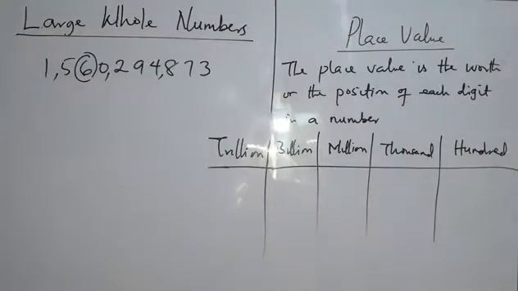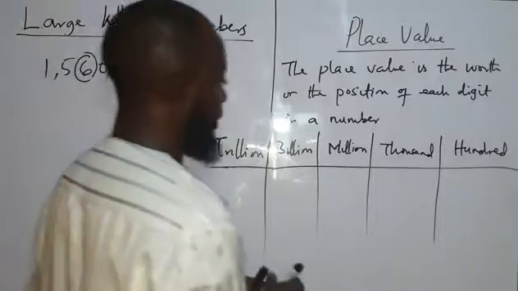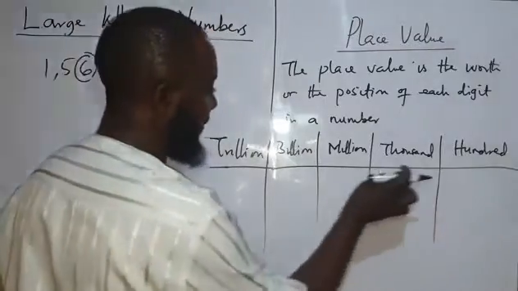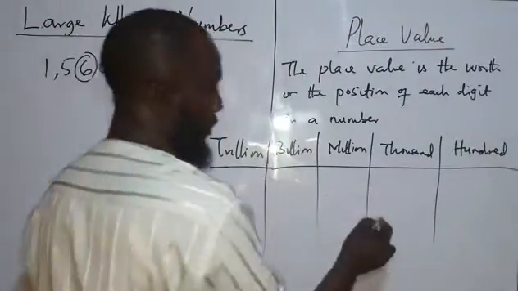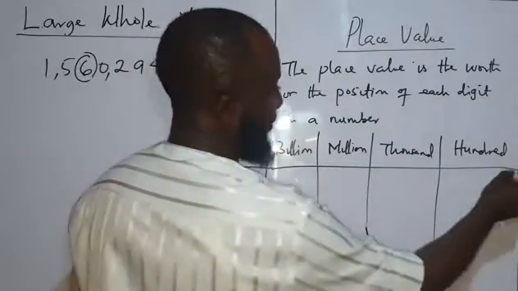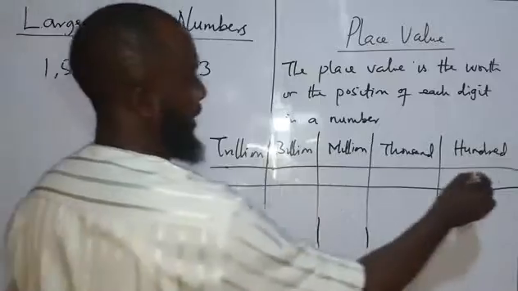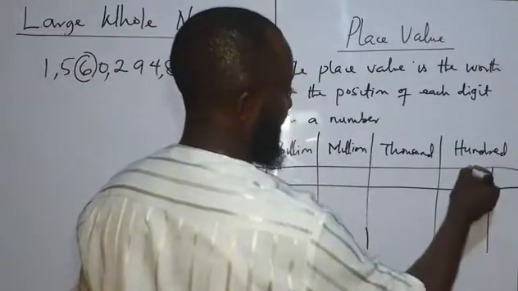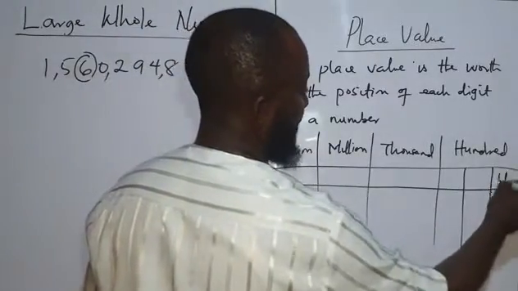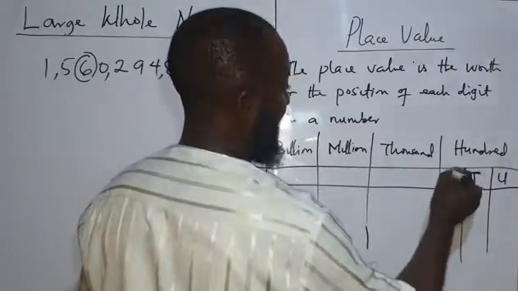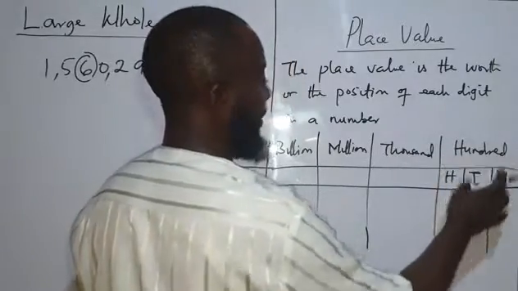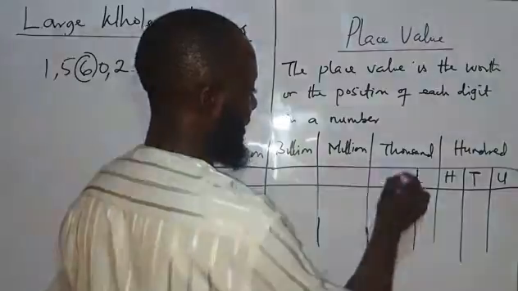So what we're going to do, we'll start from the right, because each group has three columns. The first part will always be units, tens, and then hundreds. You can see everything is under the same thing here.